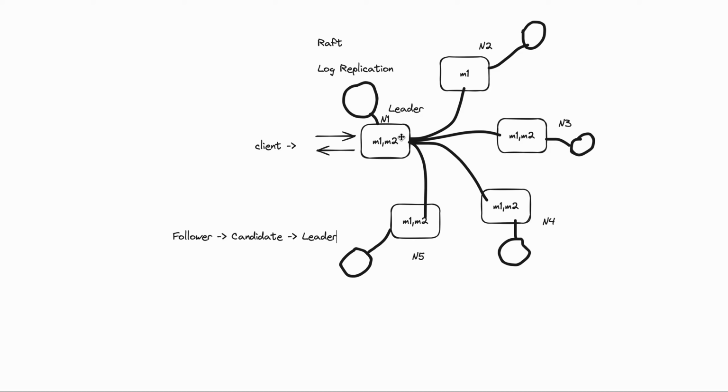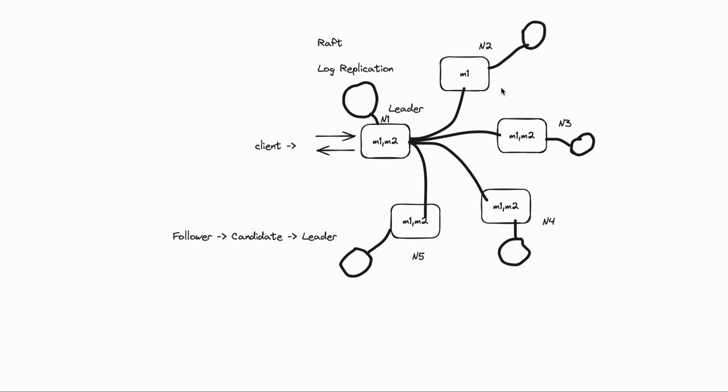Whenever leader election happens, it will send metadata about the other things, like the log. For example, if machine N5 or N4 receives a request from N2 for leader election, and the metadata shows M1 only, it will reject the request.